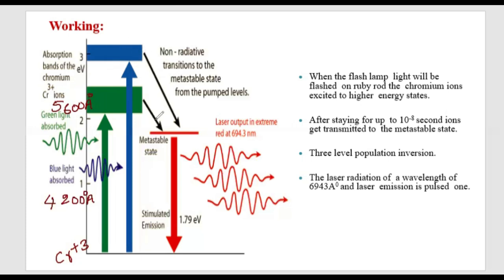From there, it comes down to the energy level E2, which is a metastable state. And from this E2, the atom will come down to the ground energy level E1, first spontaneously and then by stimulated transition. So the emitted wavelength is 6943 angstroms, which in nanometers is 694.3 nanometers, which is red color.